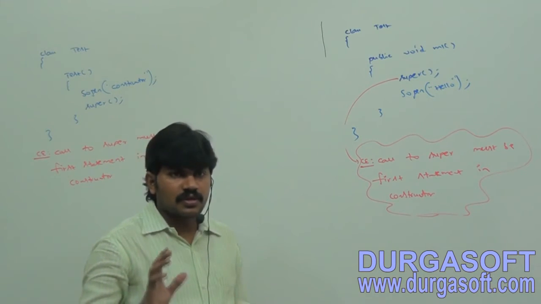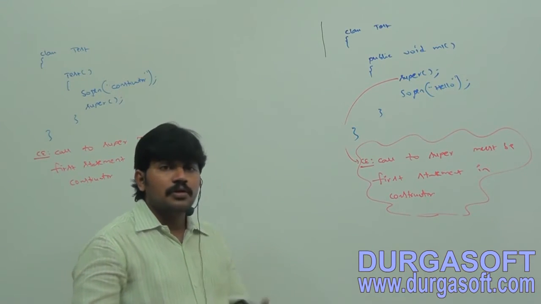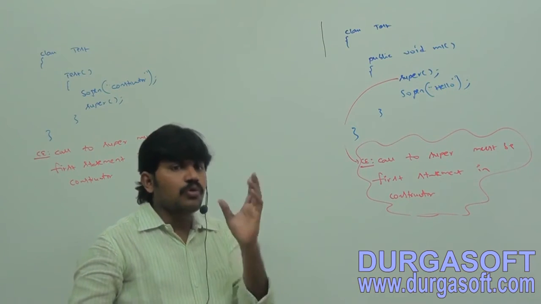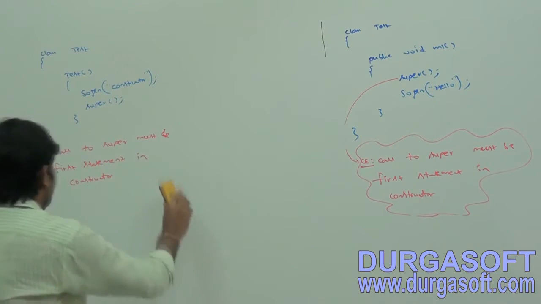That's all. Are you able to understand? Okay, this is how super and this are used, and what syntactical rules are there.